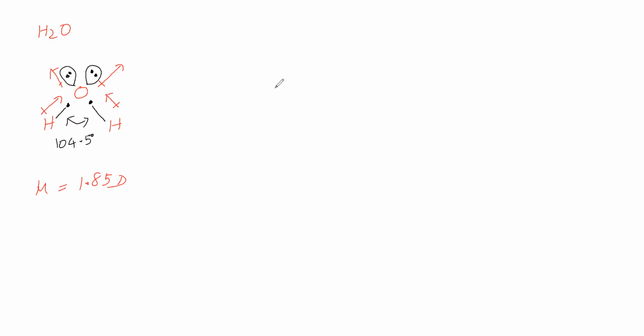In the molecule water, like this we can say, the hydrogen atoms and the oxygen atom are all in one plane. These three atoms are in one plane. That means both sigma bond pairs are in one plane.